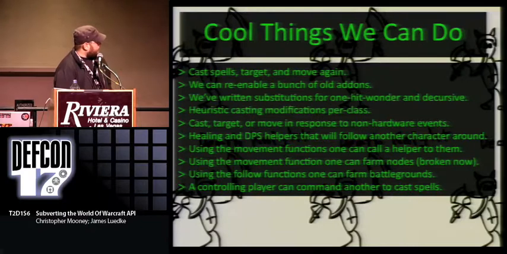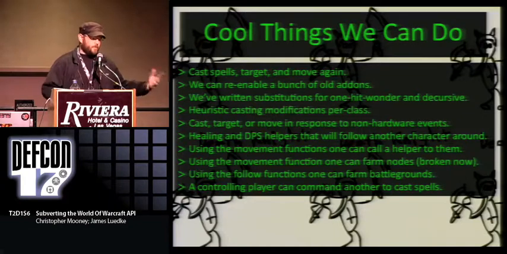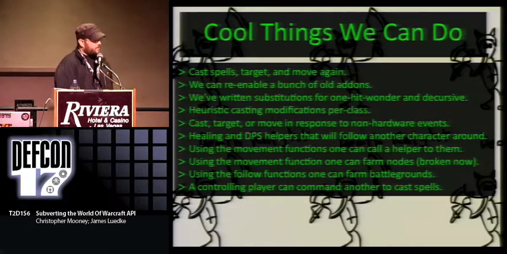We've written our own substitutions for One-Hit Wonder, Decursive, that sort of thing. We have a bunch of heuristic casting modifications. So, basically, does this person need a heal? Should I cast this really end destructive spell on somebody? The types of things that you would expect in a game like this. So I don't want to say artificial intelligence, but there's definitely something close.